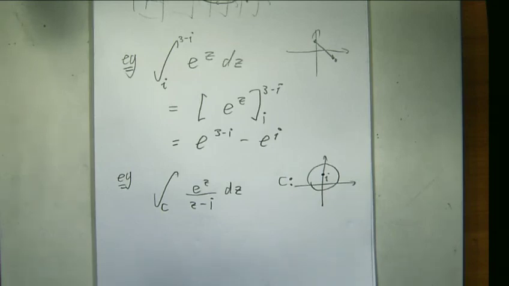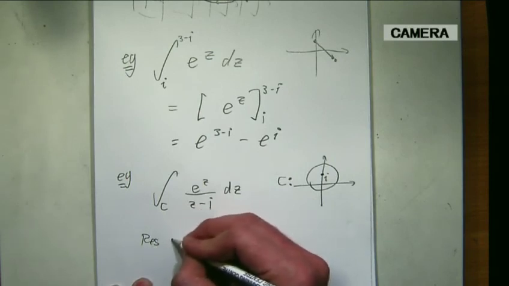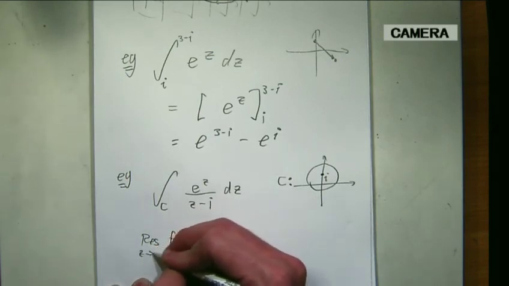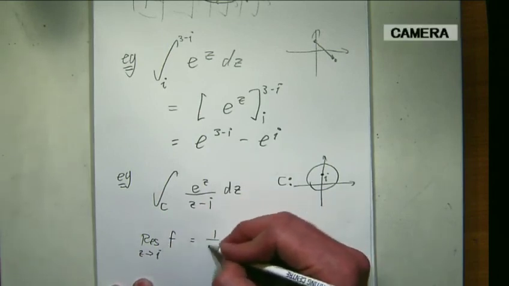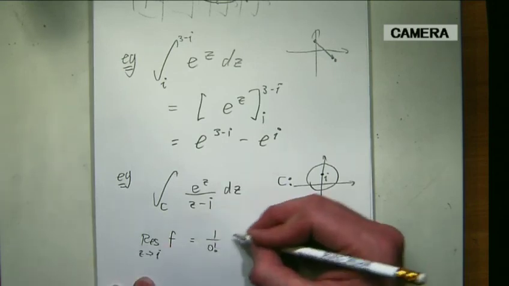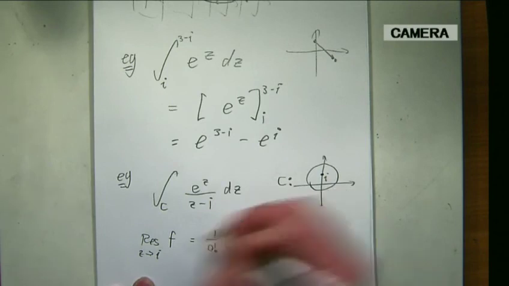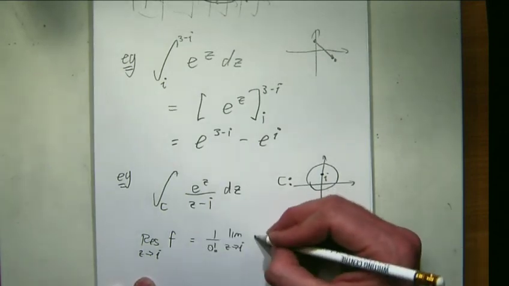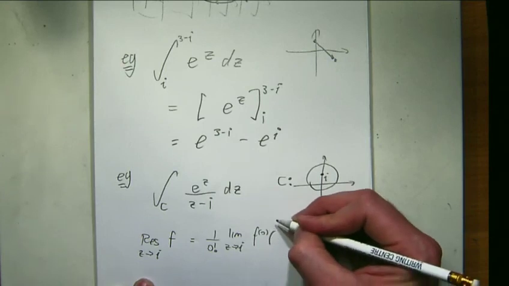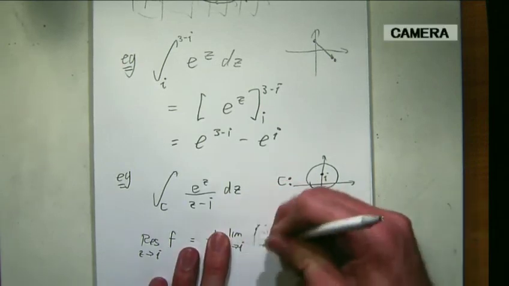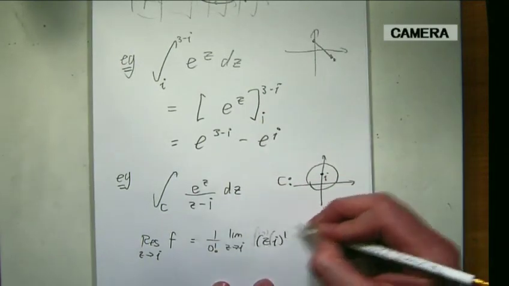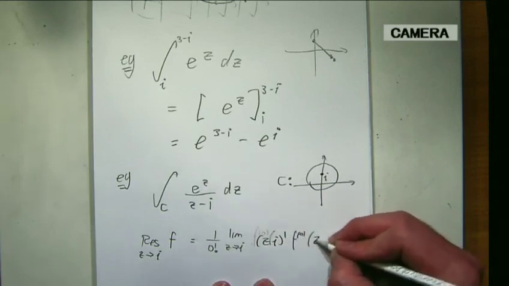So it would be the 0th derivative. So it'll just be e to the i, right? So the residue of my function as z goes to i is going to be 1 over 0 factorial, the limit as z goes to i of the 0th derivative of z minus i to the 1 times my original function evaluated at z.